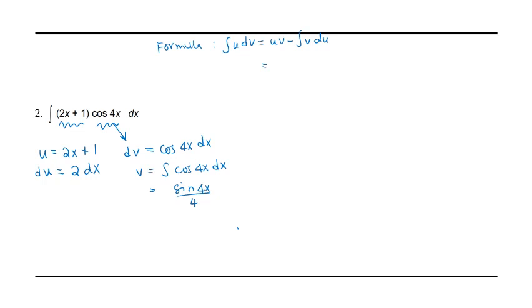Okay, uv. So uv, right? So u is 2x plus 1 times v, sin 4x over 4, minus integrate v, sin 4x over 4, times du, 2 dx.